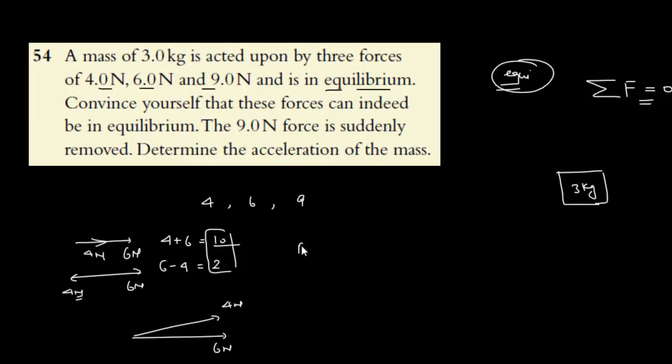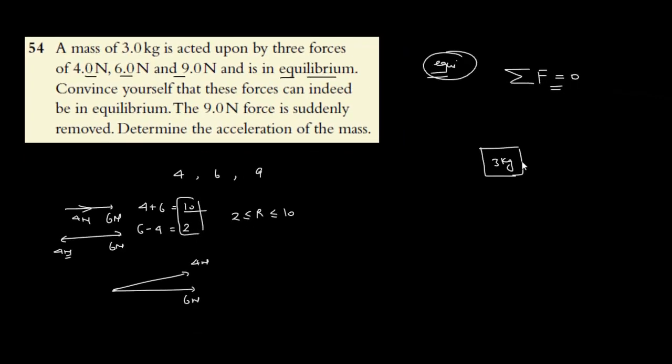So the resultant force will always be between 2 to 10. Now the 9 Newton force comes between these two numbers, 2 to 10 Newton. So we can arrange these two forces of 4 and 6 Newton such that these two forces combined will cancel out this 9 Newton force.